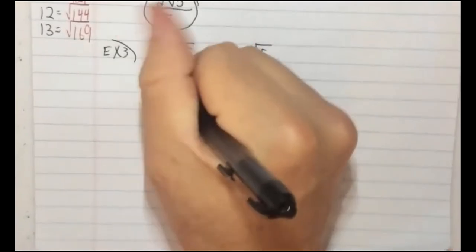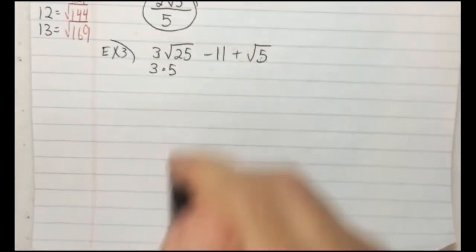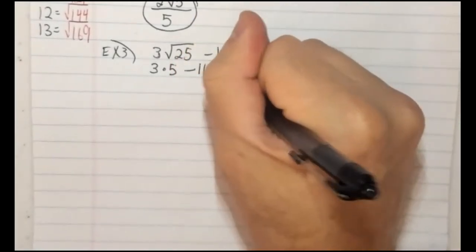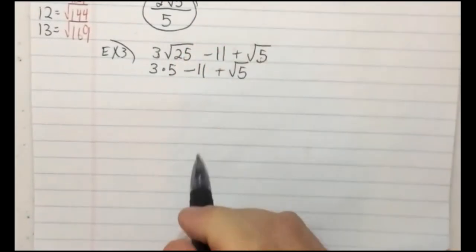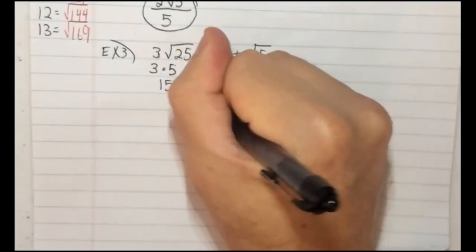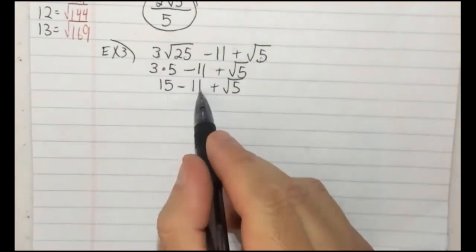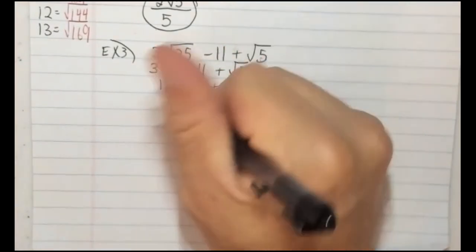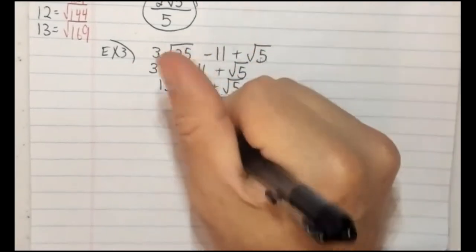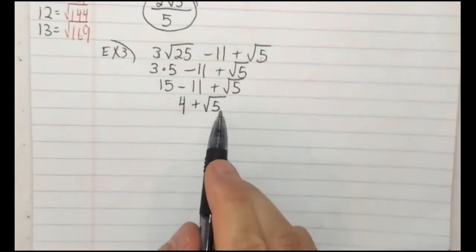So what I'm going to have is basically 3 times 5 minus 11 plus square root of 5. Well, what's 3 times 5? That's 15. So we got 15 minus 11 plus square root of 5. 15 minus 11 gives me 4. So I got 4 plus square root of 5.